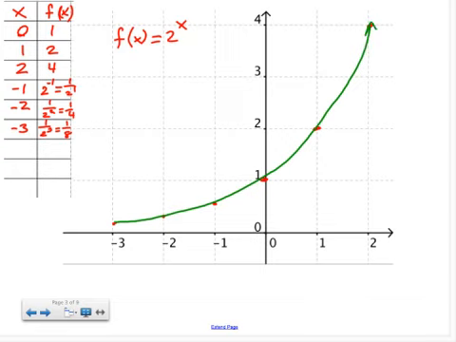This is going to continue and get larger as the exponent gets bigger. 2 to a big power is going to continue to get big. And then over here to the left, this is going to continue to get smaller, but we should notice that we'll never get 0 as an answer. 2 to no power will give me 0. And we'll never get below the x-axis either because 2 to a power has to be a positive number.